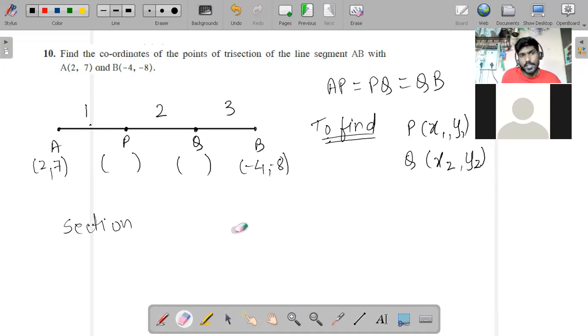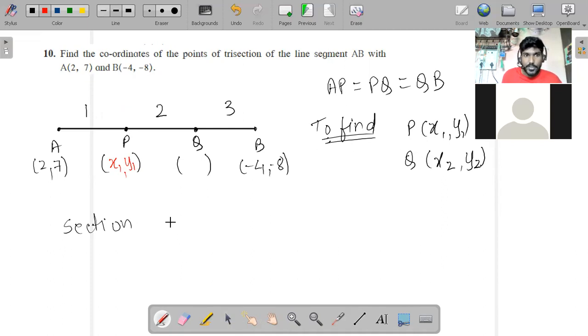But is the ratio given? No, the ratio is not given, but we can find it. First, we'll start by finding the point P, (x1, y1).